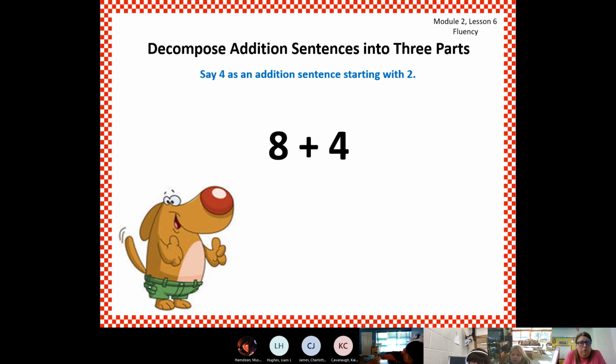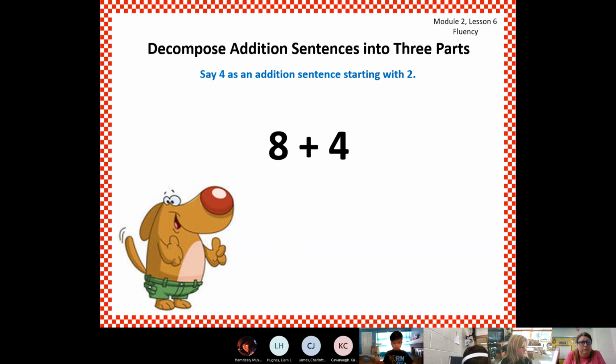Because 8 plus 2 is 10. Now 10 plus, what's the other number that's left? What was the other part? Show me with your fingers. 2. So 10 plus 2 is what?